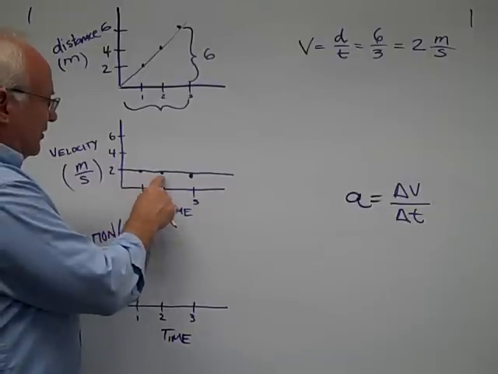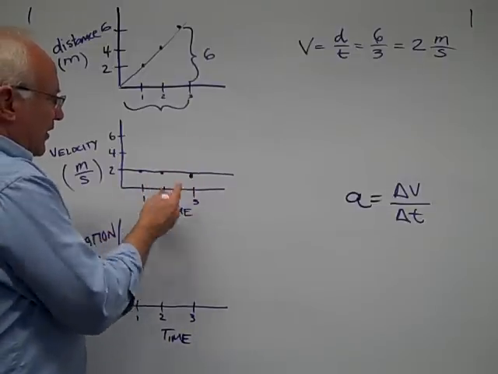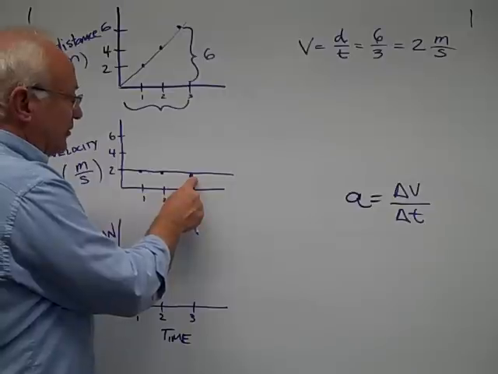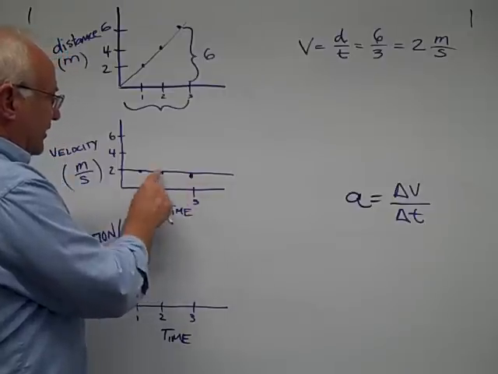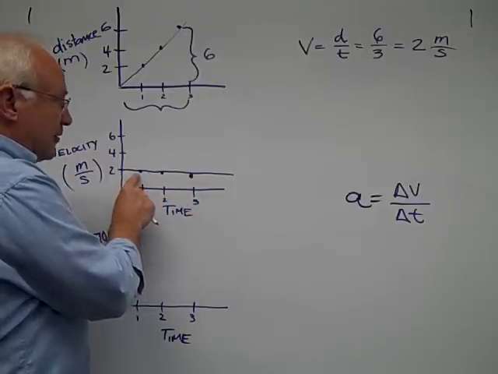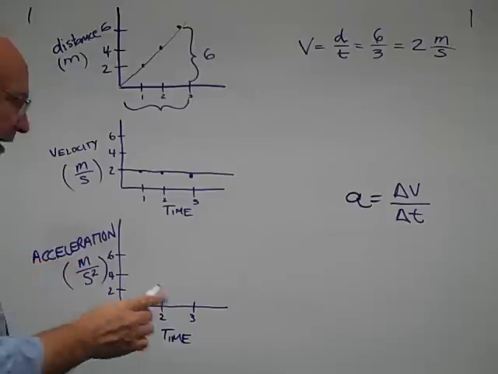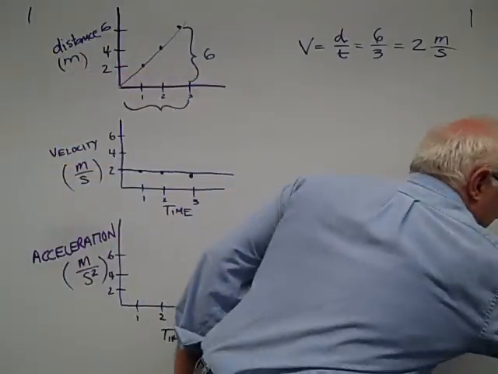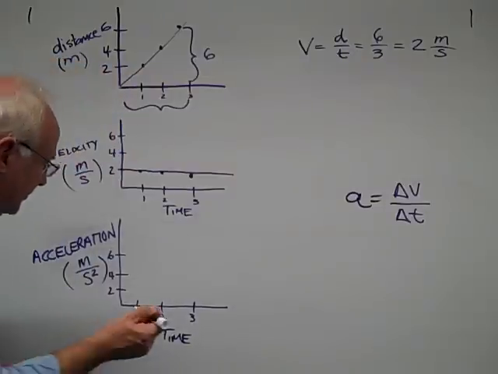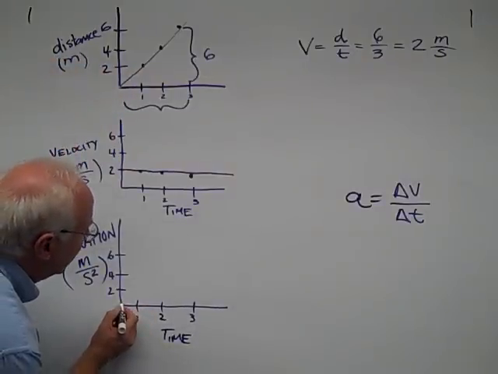It's 2 here, here, and here. So if I took velocity final, 2, minus velocity initial, 2, I get 0. Therefore, I conclude that my acceleration is 0 at any given time.